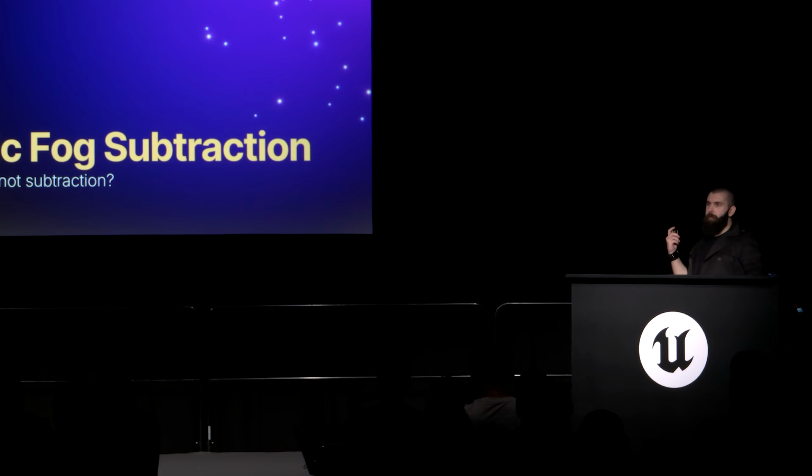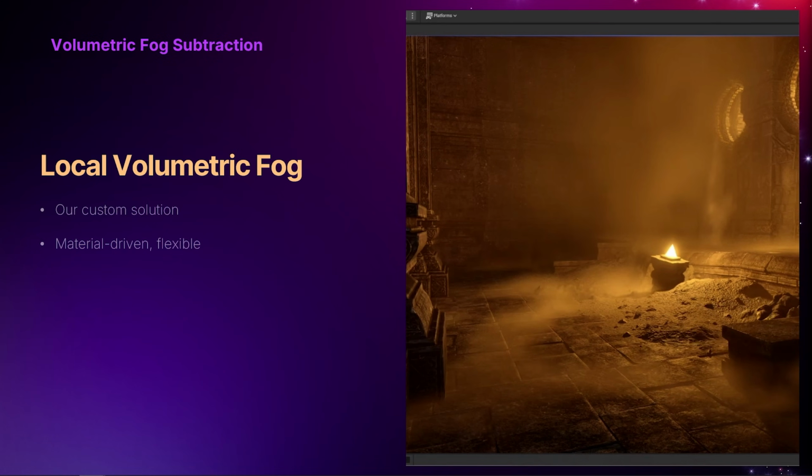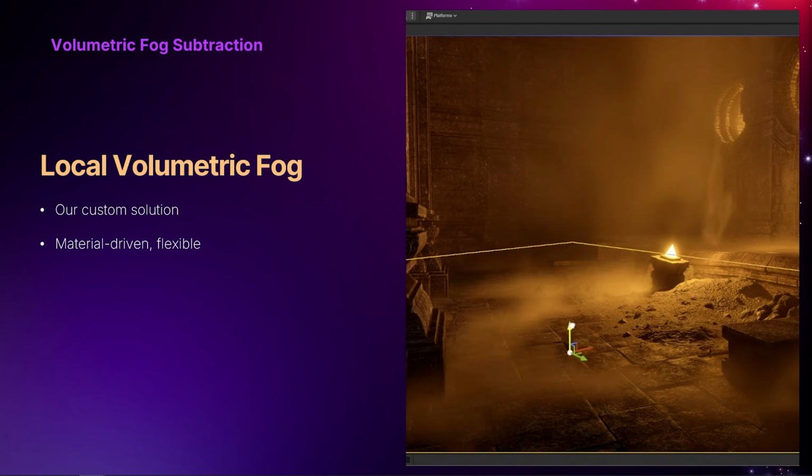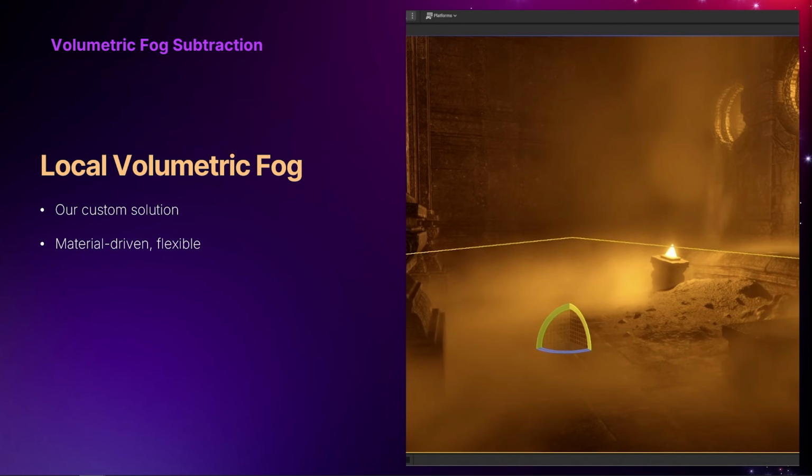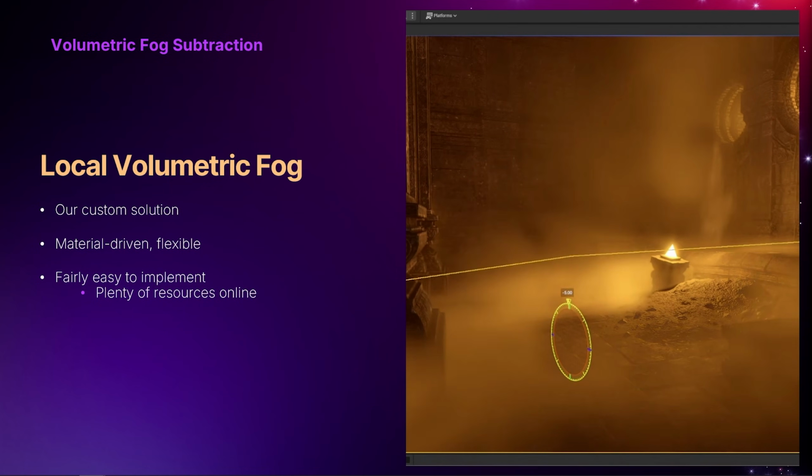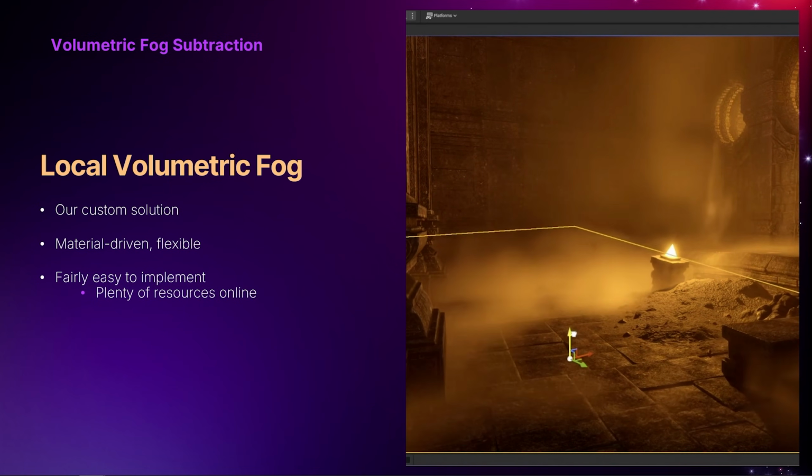Just like you have volumetric fog volumes, either material-driven or via Niagara, you would also potentially want volumes of space that don't have volumetric fog if you have it globally set up. So we have our own solution that is material-driven and very flexible and very easy to use. And it's very easy to implement. You have plenty of resources on it.